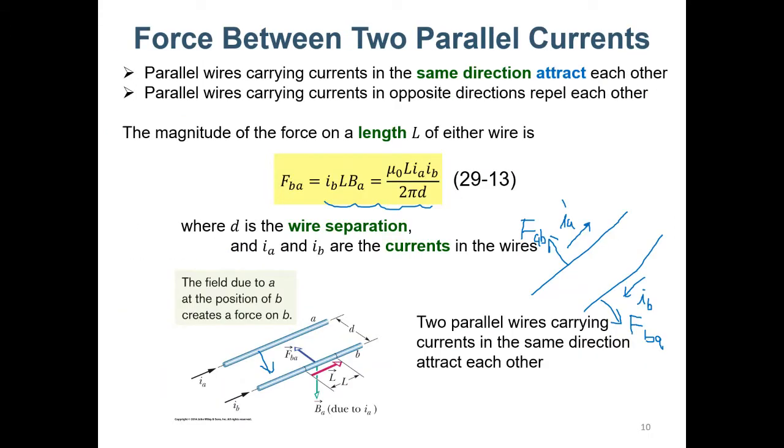Consider a wire A here. It will generate a magnetic field here, pointing downward. So this BA is generated by IA.